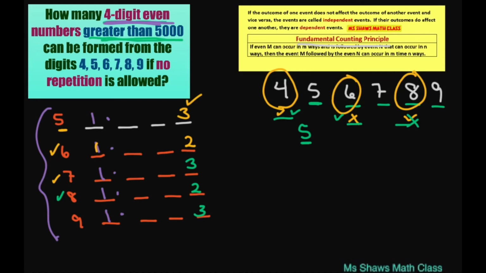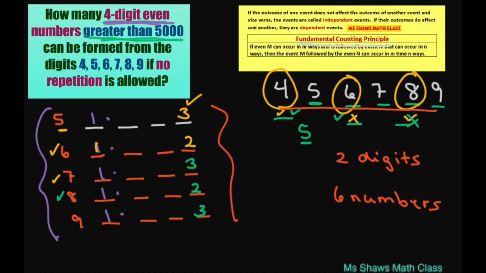All right. Now, there's no repetition. So with what we have here, we have used 2 digits. We have a total of 6 numbers. So whatever digits you used here, we have subtracted 2 numbers that we can't use anymore.